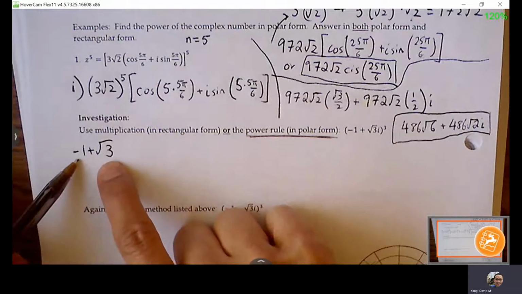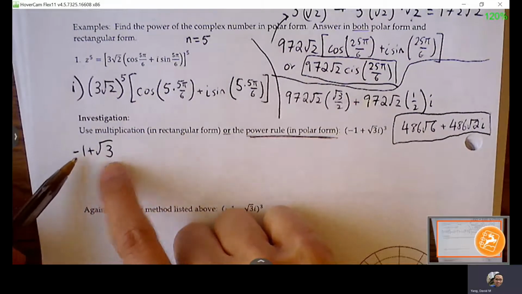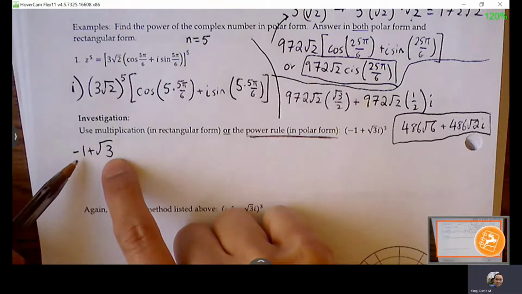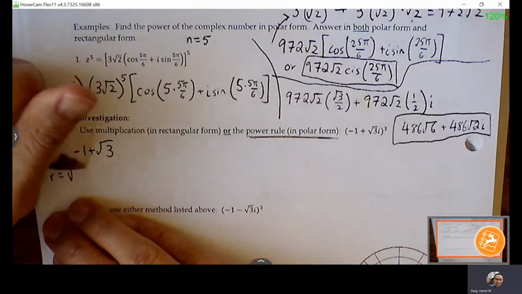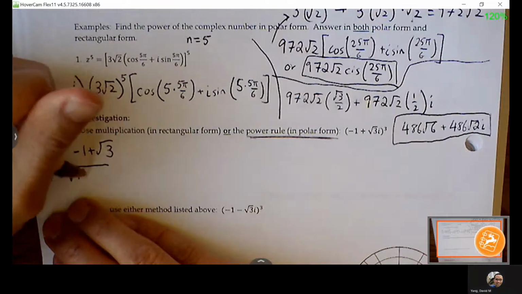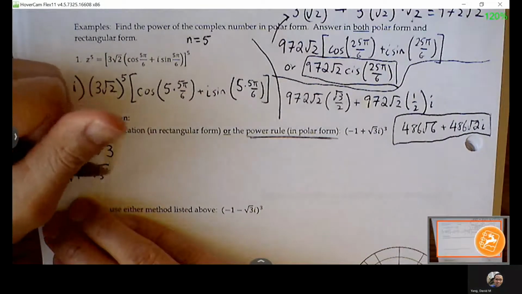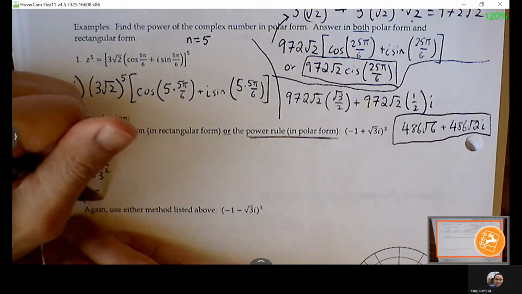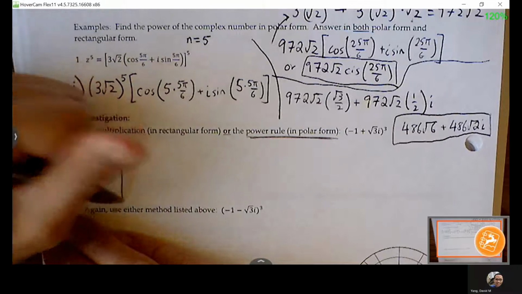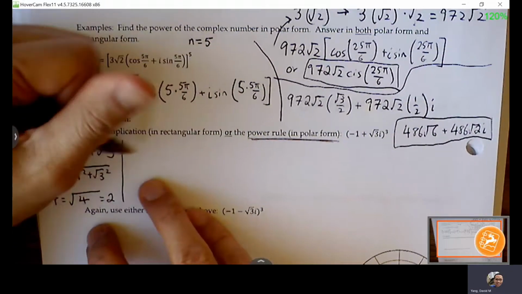A couple days ago, right, we know that this is our a, that's our b. Our radius is just going to be the square root of a squared plus b squared. Pythagorean theorem, right? Inverse tangent.